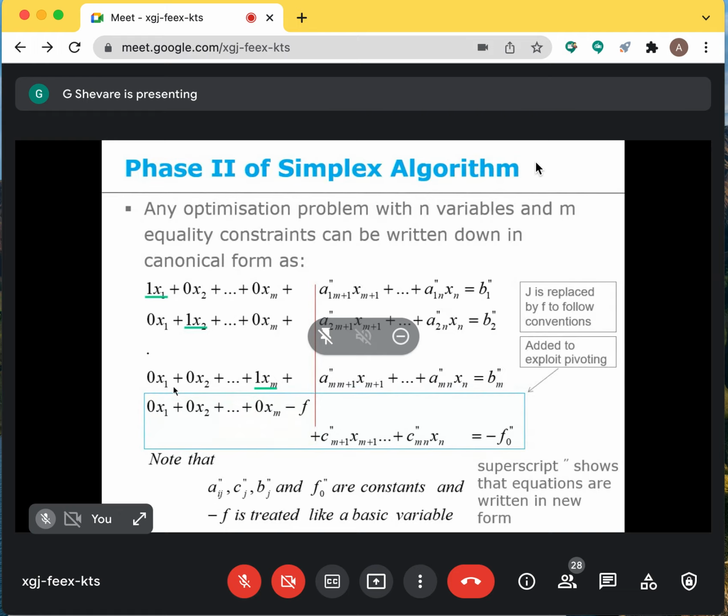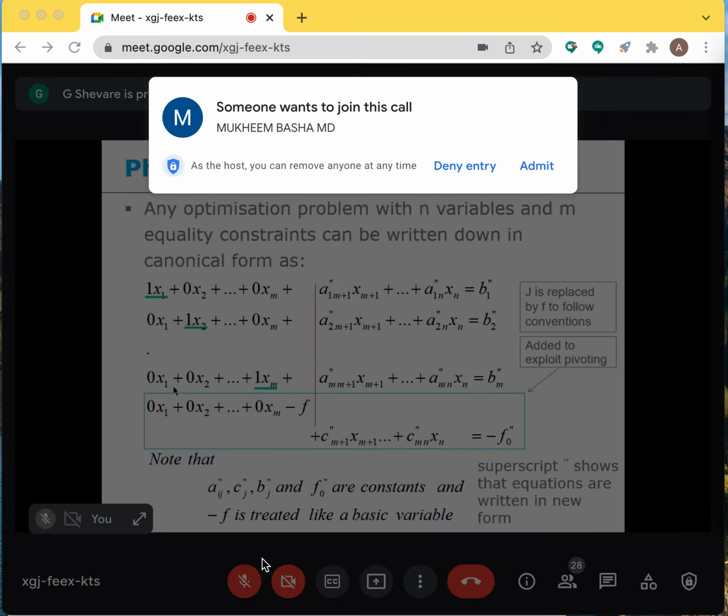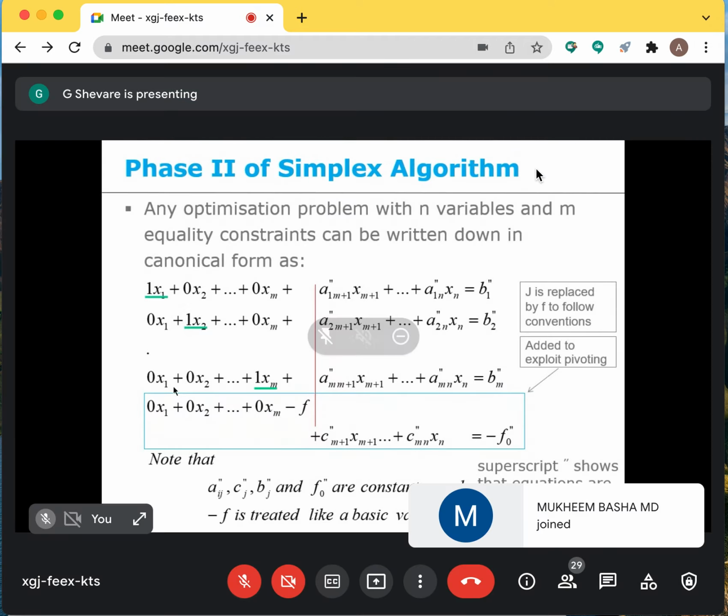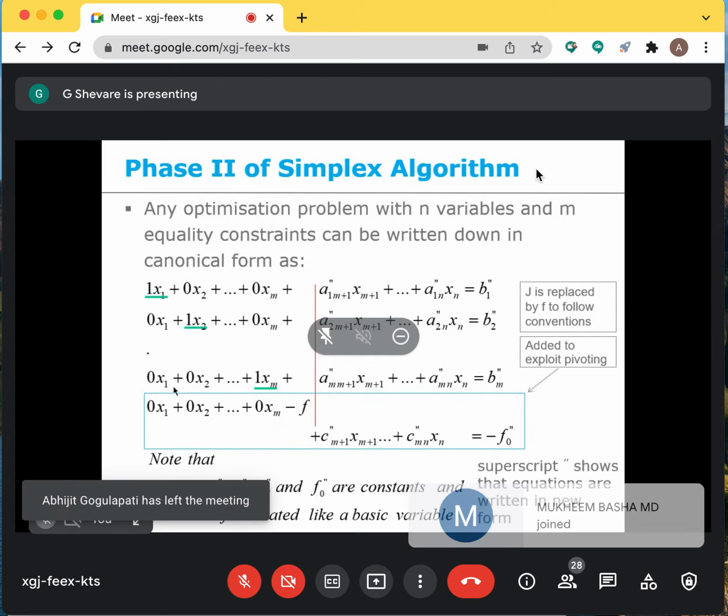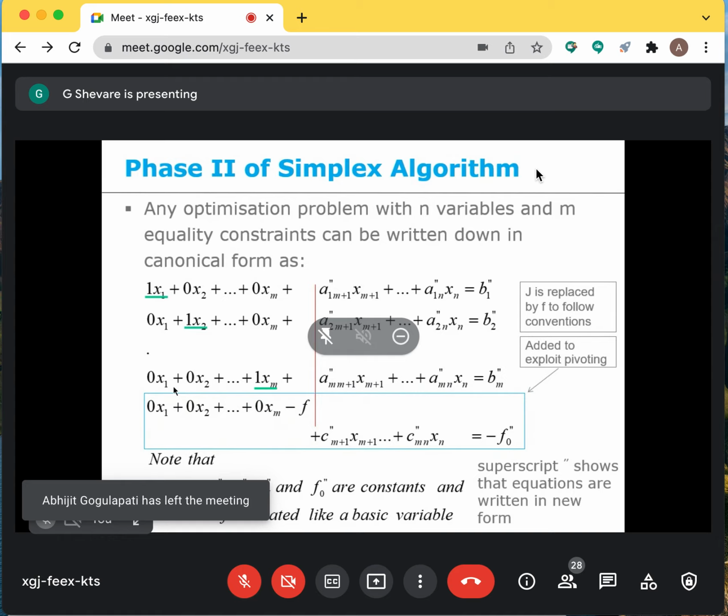We have also added the m plus first equation, which was initially not there, to the system of equations which are equality constraints. Once you do this, all you need to do is consider this as if it's a solution of simultaneous equations and apply the pivotal algorithm to get the solution for all the design variables by changing the pivotal variable from one variable to another, one after the other.